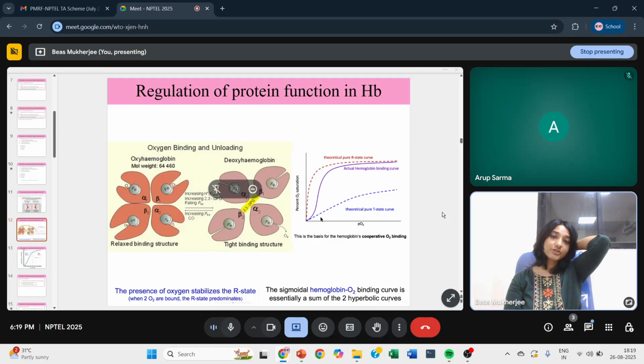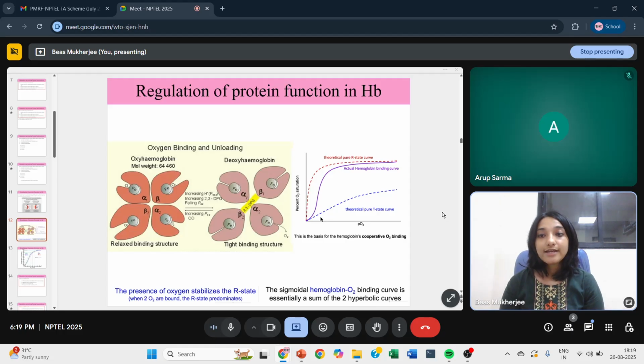Now, oxygen regulation of hemoglobin. Hemoglobin exists in two different states. One is the relaxed state, the R state, and the other is the tight binding state, the T state, which is the tense state. Now see, oxygen binding and unloading.